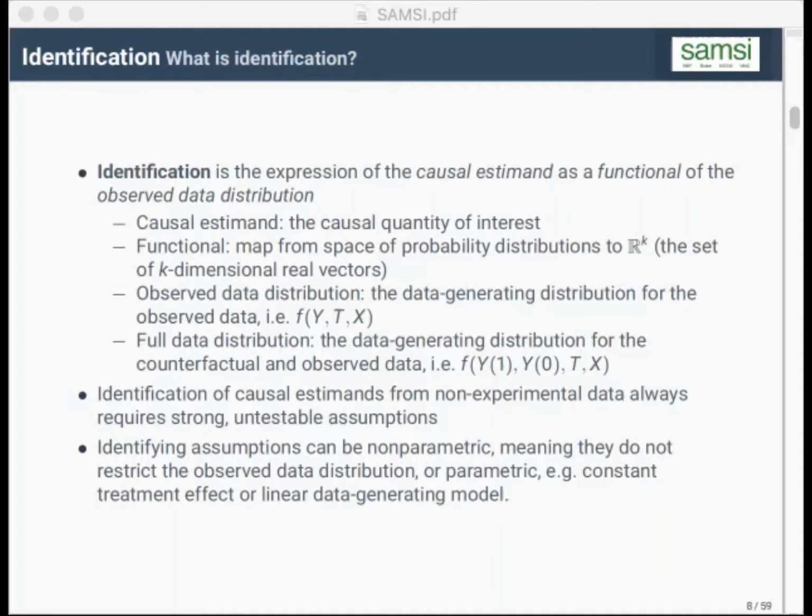And the idea is that a causal estimand is defined usually as a functional of the full data distribution, but we don't get to observe the full data distribution. We can only observe the observed data distribution. So we're going to use assumptions to link our causal estimand, which is a functional of the full data distribution, to a functional of the observed data distribution, which we can then estimate using any tools from statistics, because that's what statistics is all about, estimating functionals of observed data.